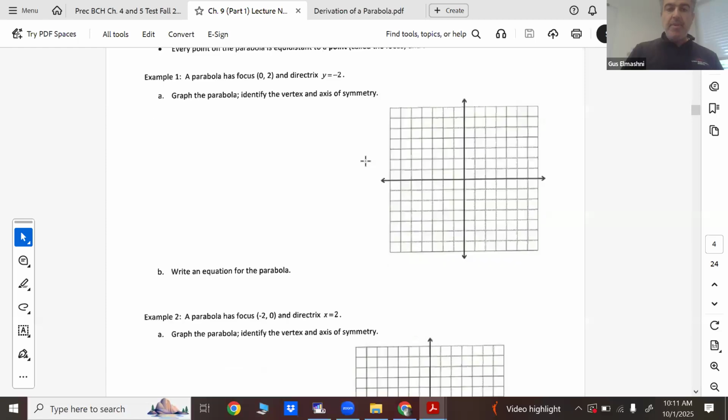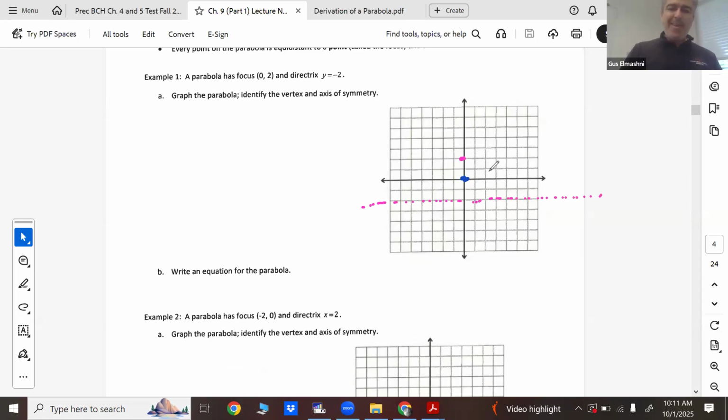If I draw (0, 2), we'll call it my focus. y equals negative 2, we'll call it the directrix. It's not an asymptote, mind you. So this dot naturally has to be the vertex, right?